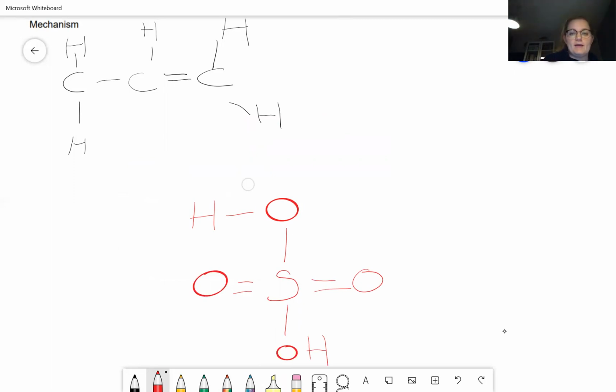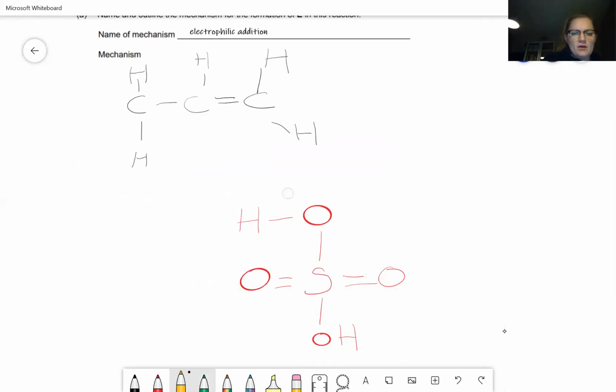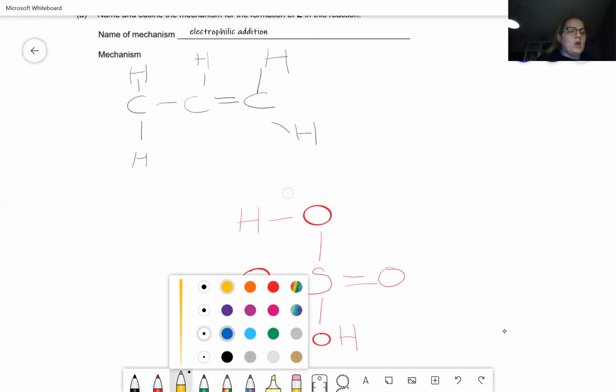So what is going to happen here? Let's use a different color, let's use blue. The bonds are going to break. That pi bond's going to break, and the electrons from the pi bond are going to be attracted to that positively charged hydrogen, the hydrogen in the OH group on that concentrated sulfuric acid.